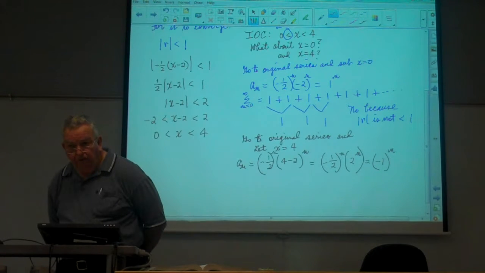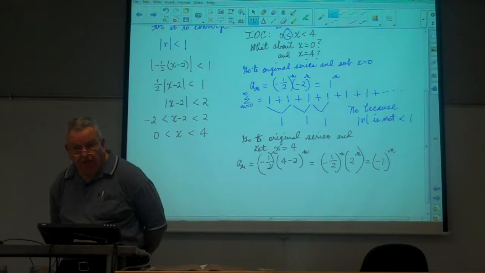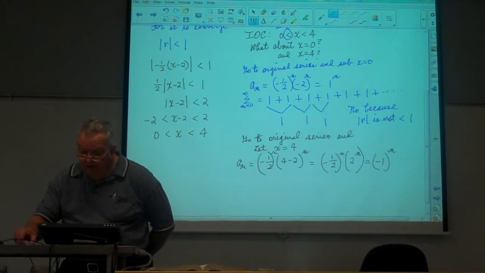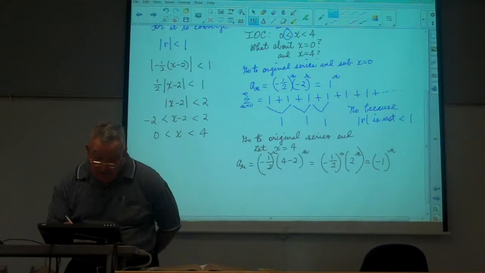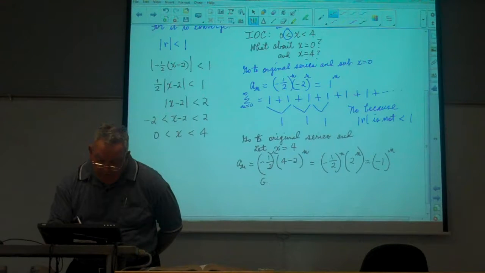Does that series converge? What's R going to be in that series? Minus 1. A minus 1? Does everybody agree? So this is a geometric series with R equal minus 1.